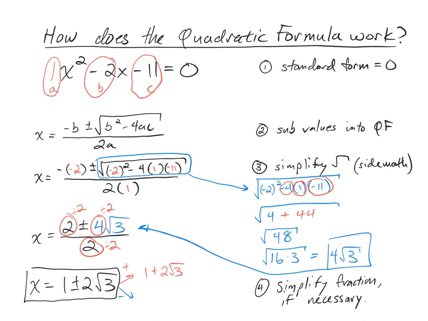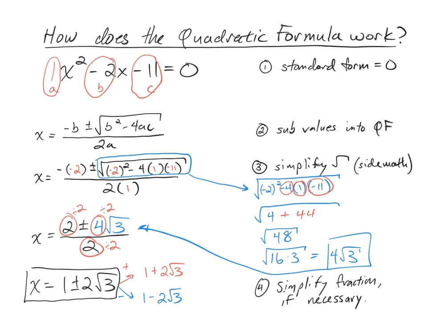And the negative version would look like this, 1 minus 2 square root of 3. And this is important too because we are solving quadratic equations using the quadratic formula, which means there's an x squared. And that biggest exponent, that degree 2, is telling us that we should be having 2 answers. And there they are.